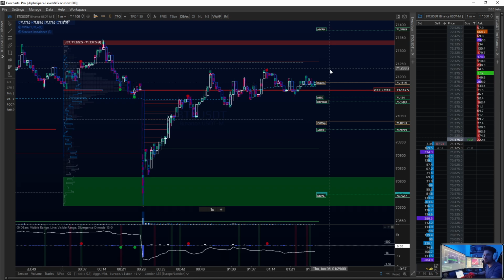Another thing that you can do, but it's not really applicable to Asia, is see where the VWAP is. Because if you are, for example, in London or New York, the VWAP has a lot more importance. During Asia, the VWAP has just been created, so it's not as important.